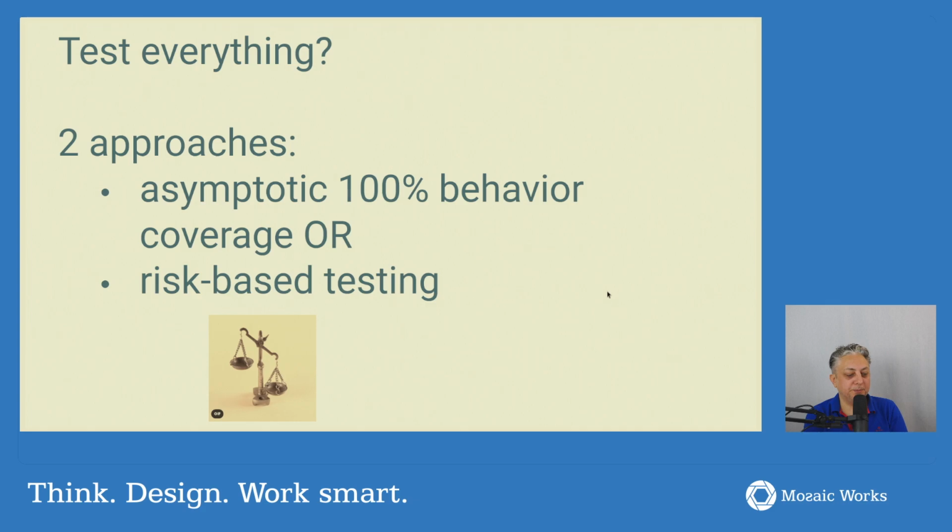Now, which are the parts that if they don't work, they will be a nuisance, but it's okay, we can live with that. And you decide whether you test those or not. And what are the parts that will either be tested by something else, or it's very unlikely to make mistakes.